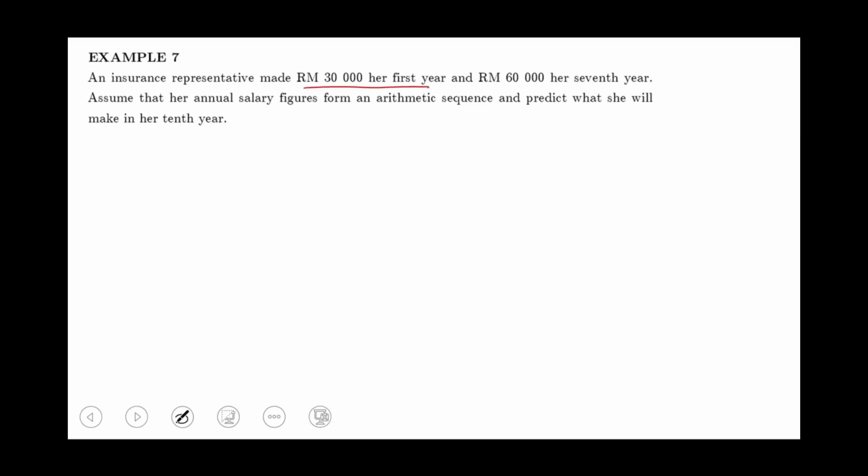So we can say that this is the first term, A. And then 60,000 her 7th year, so this is our T7. So we have T7 equals 60,000. So by using our Tn again, we can get an equation of 30,000 plus 6D equals 60,000. And rearranging this equation, we can get our D, which is 5,000.